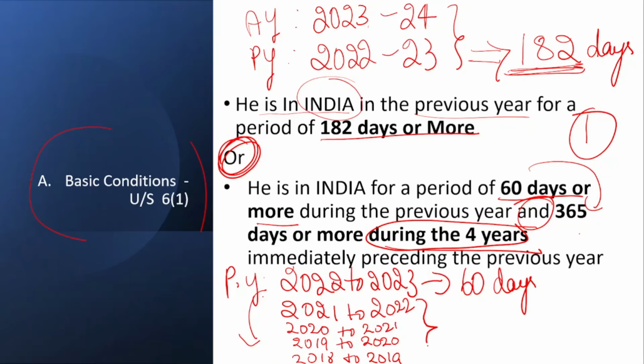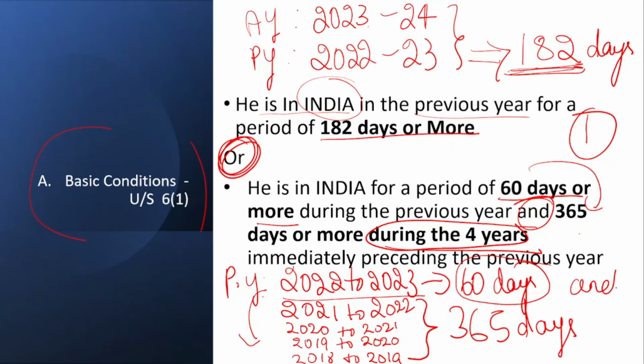So from these preceding 4 years, he should have stayed in India for 365 days. Don't get confused. Basic rule number 2 says, in the previous year, he should have stayed in India for a minimum of 60 days, and out of 4 preceding previous years, he should have stayed for 365 days. I'll make it very simple for you people.